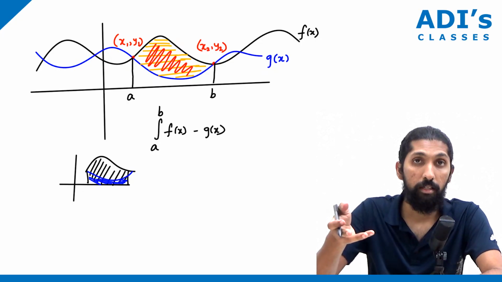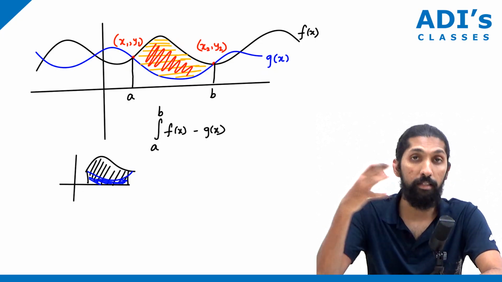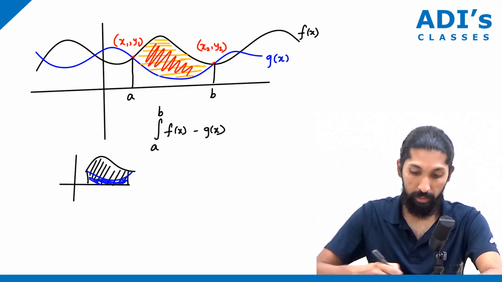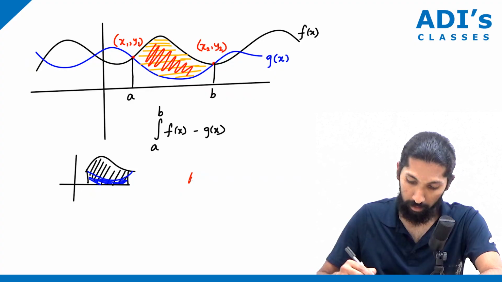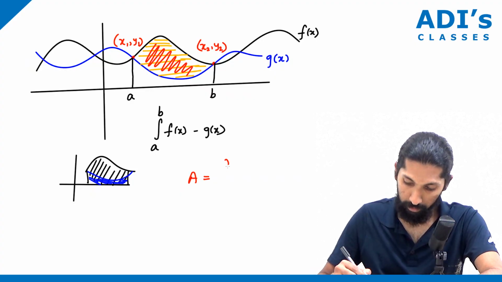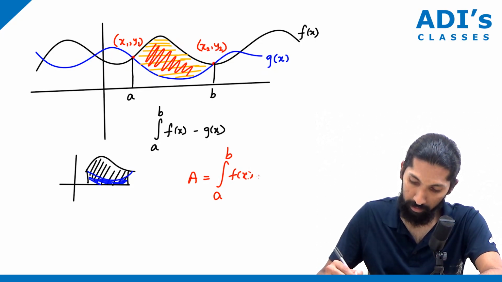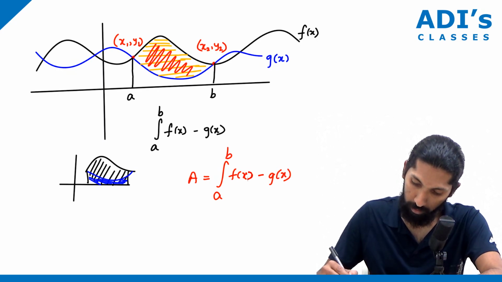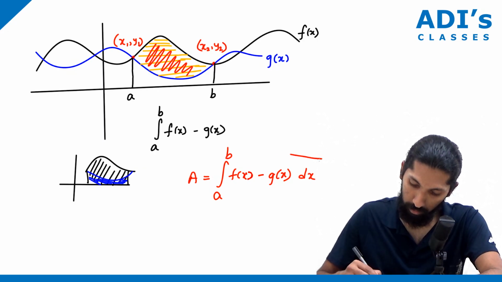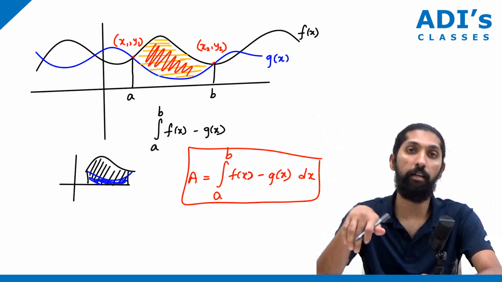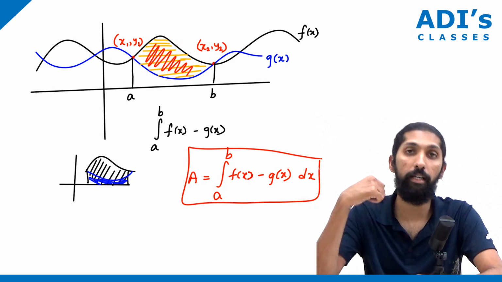What remains is what is required. That is f of x minus g of x. That is why area A is equal to integral from A to B of f of x minus g of x dx. So this gives us the area, the shaded area, or the required area.